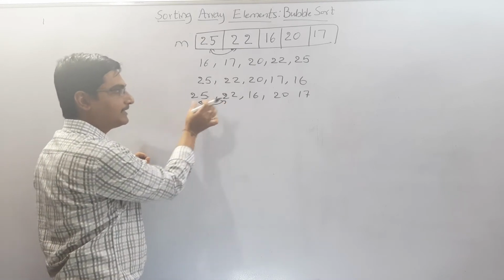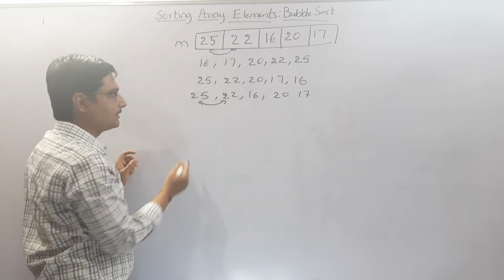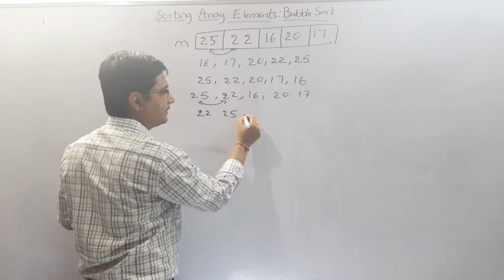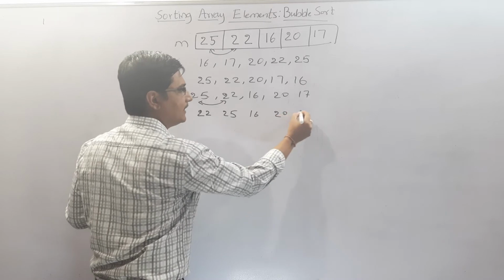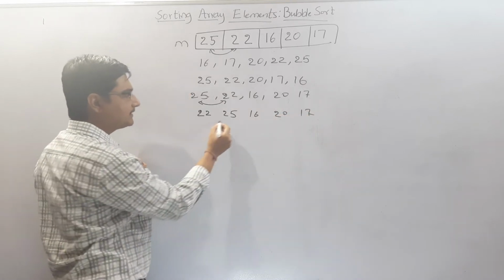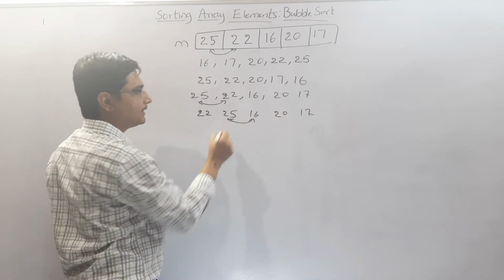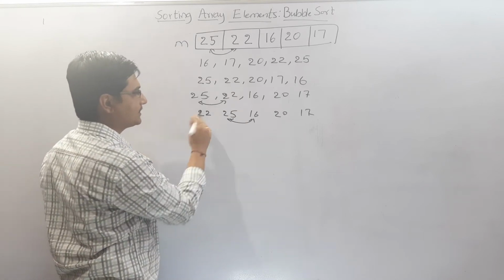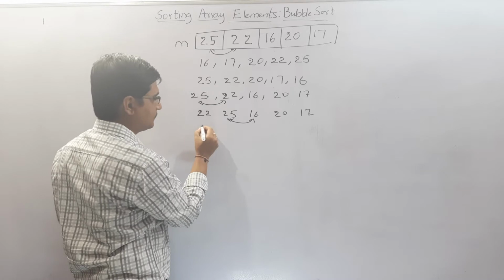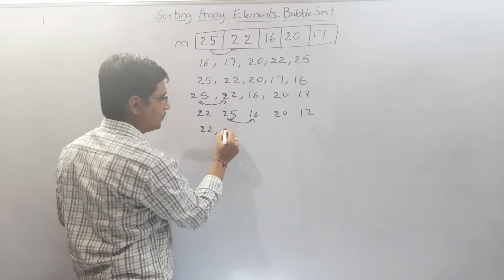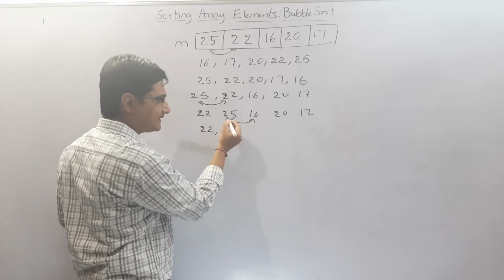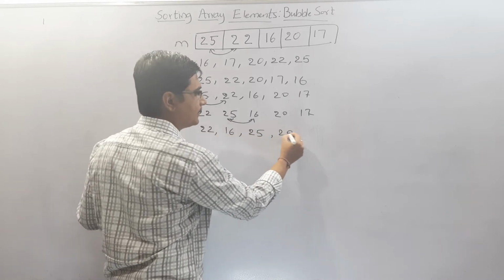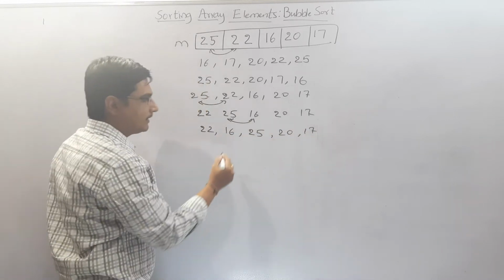If the first element is greater than the second element, we swap them. So 22, 25, 16, 20, 17. Then again we compare these two. 16 is less than 25, so it will come first, then 25, then 20, 17.